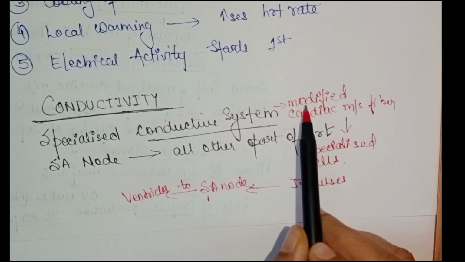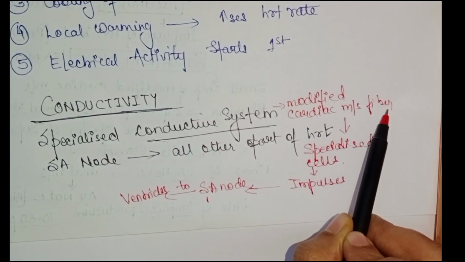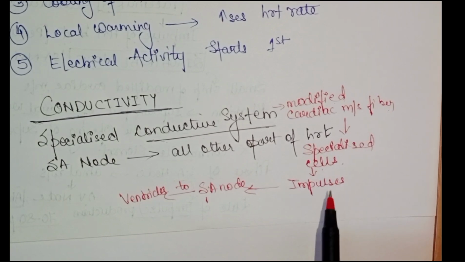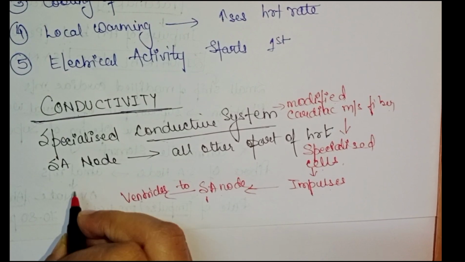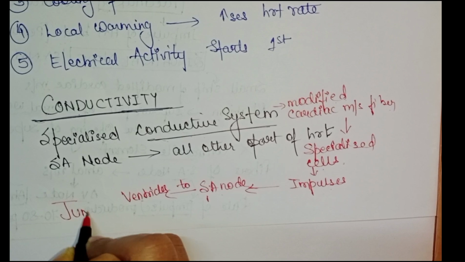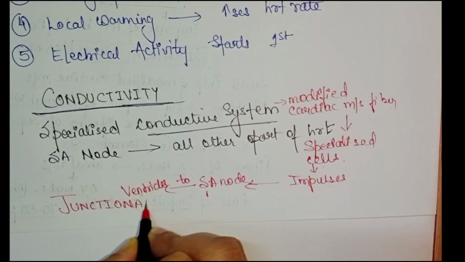So conductive system of heart is formed by modified cardiac muscle fibers, which are specialized cells that conduct the impulses rapidly from SA node to ventricle. Conductive tissue of heart is also called junctional tissue. So let's see the conductive system of heart.